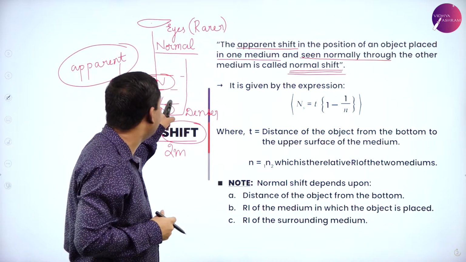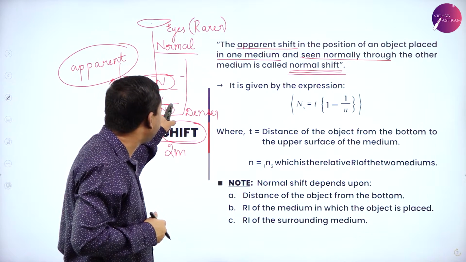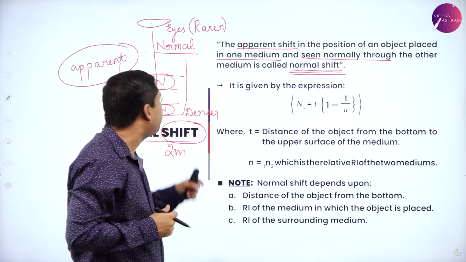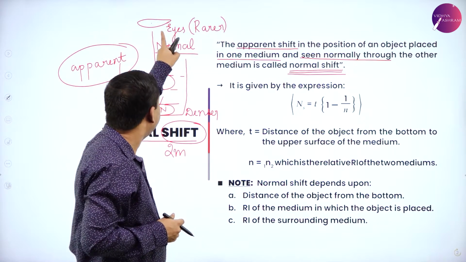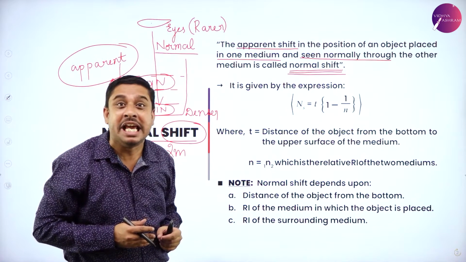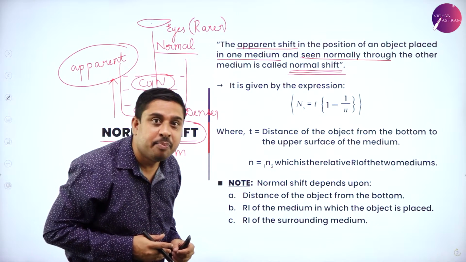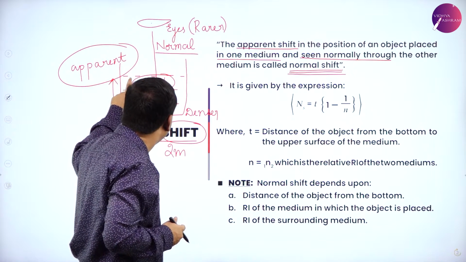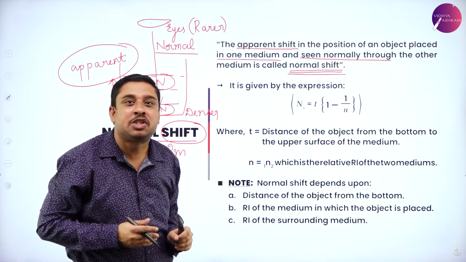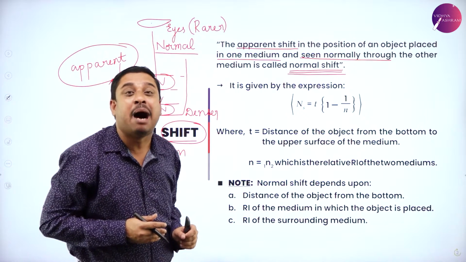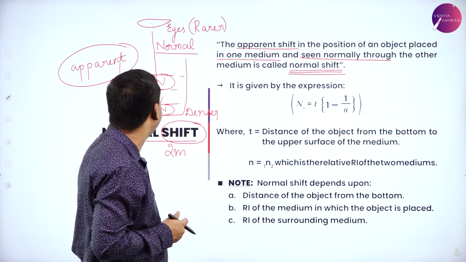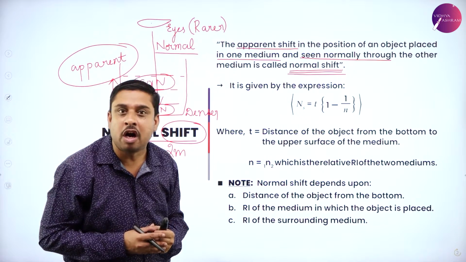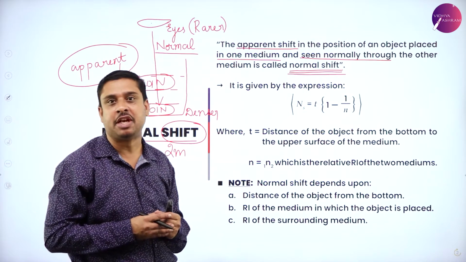Very clearly, a coin is placed in the denser medium, viewed normally from the rarer medium. The position of the coin appears to be shifted, and that is what is called normal shift.